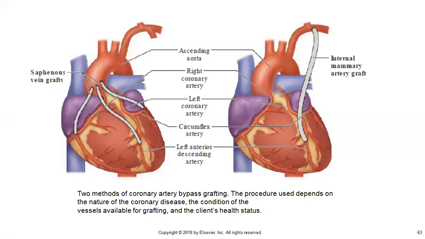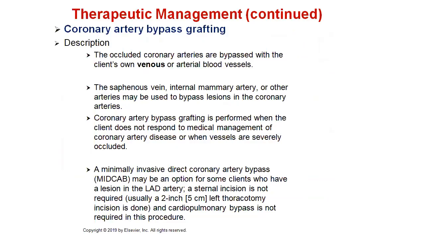And the patient's core temperature is lowered to decrease the metabolic demand during the procedure. From here, I can read that the saphenous vein, internal mammary artery, or other artery may be used to bypass.